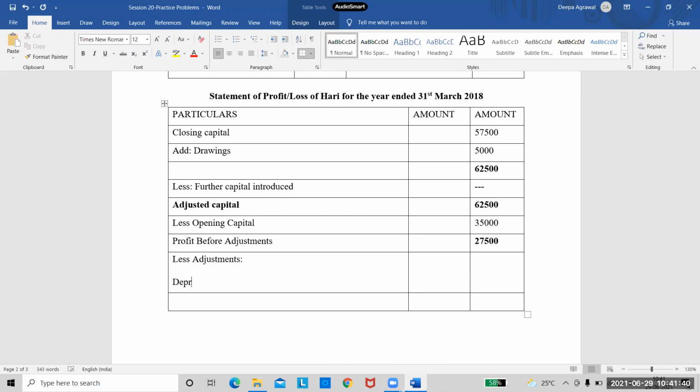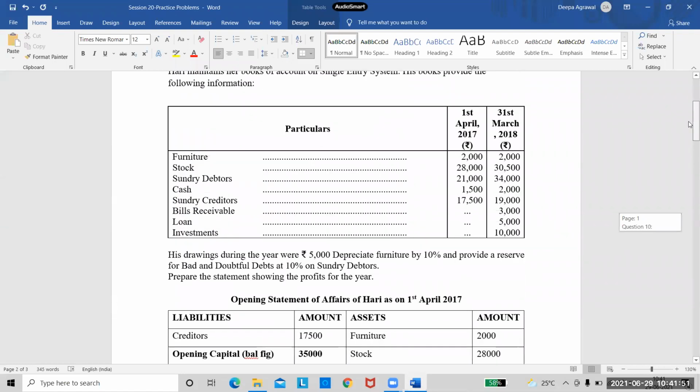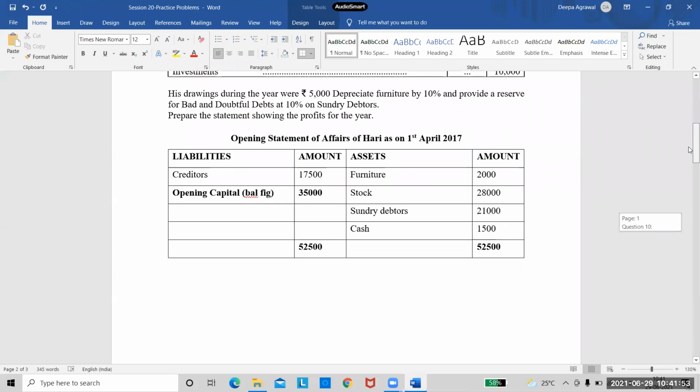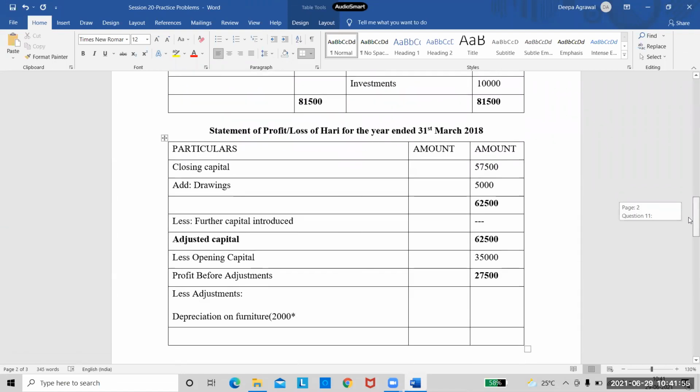First one is depreciation on furniture. I can put it in brackets. It is 2,000 into the depreciation rate, 10%. So 2,000 into 10% is the depreciation, 200, which I'll take in the inner column.